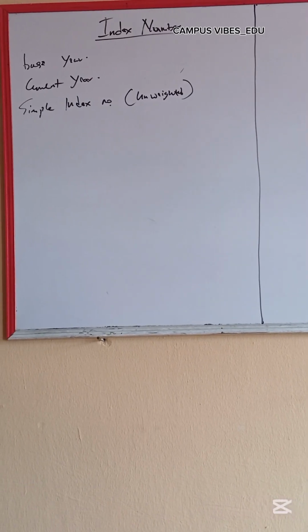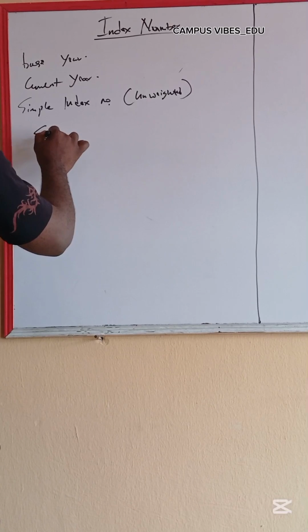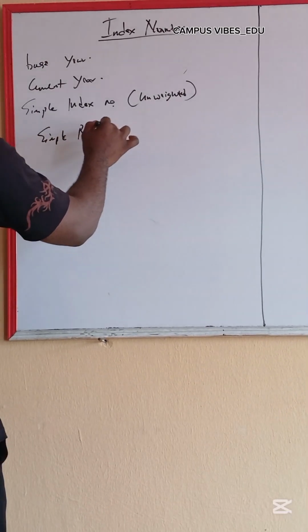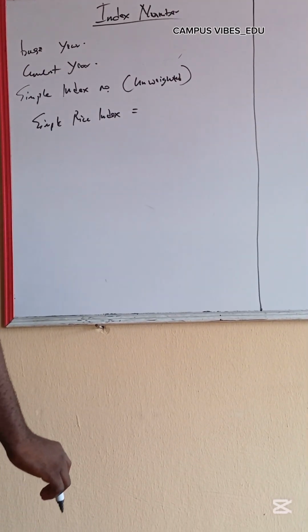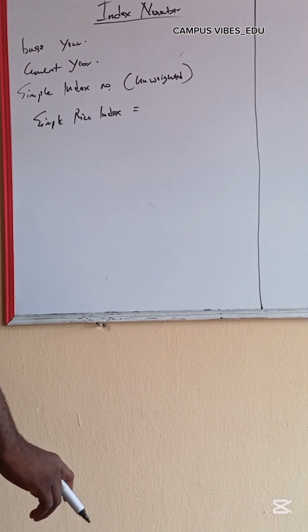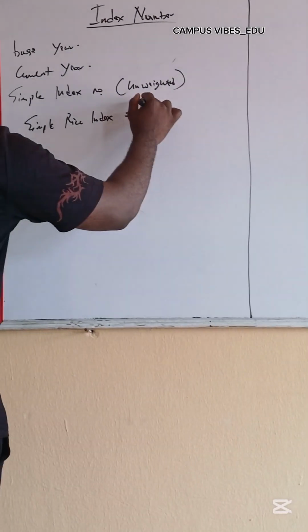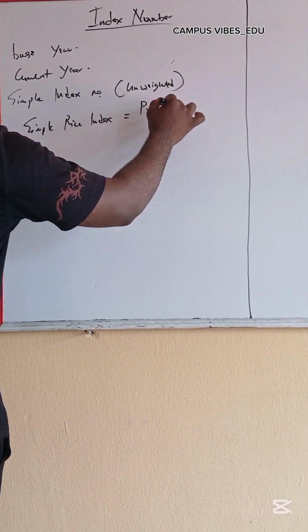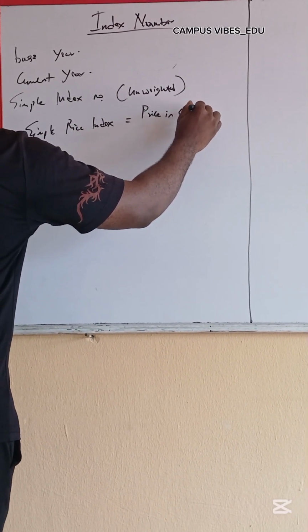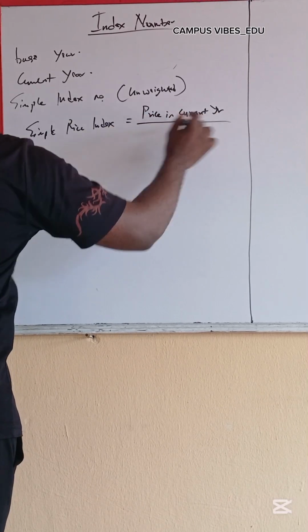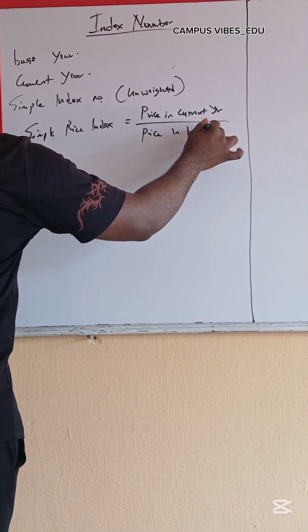So the formula for the simple price index is price in current year over price in base year times 100.